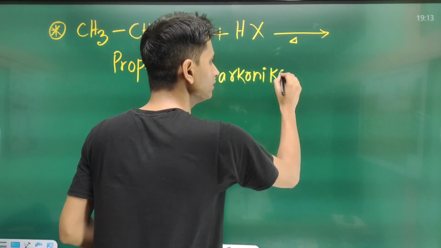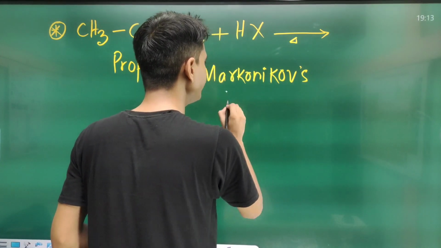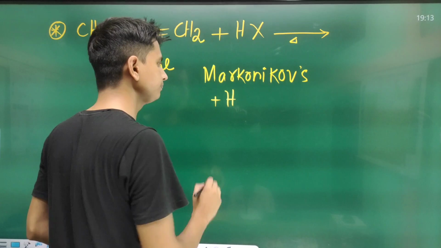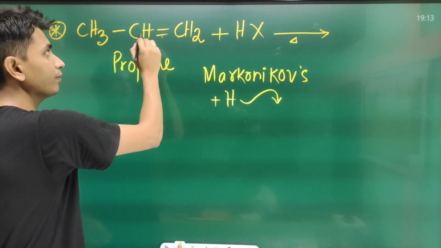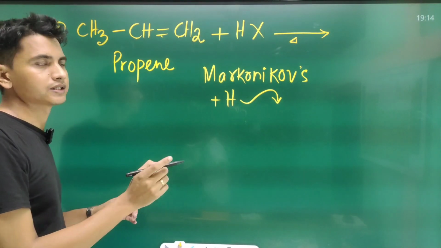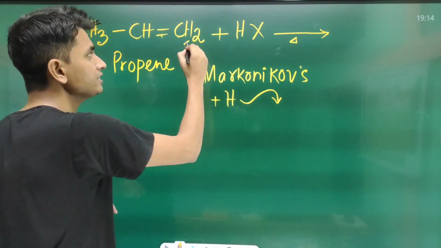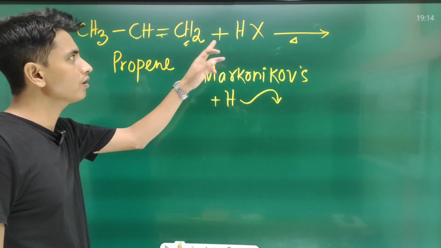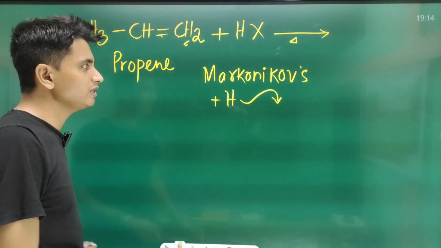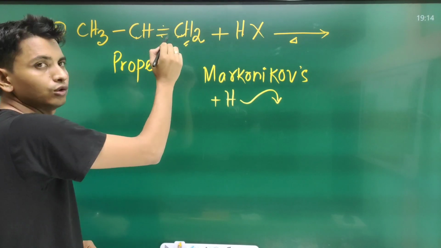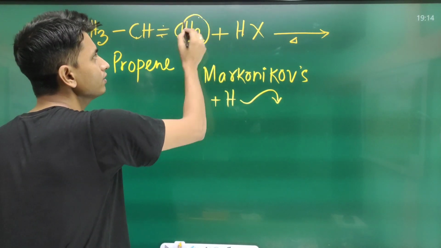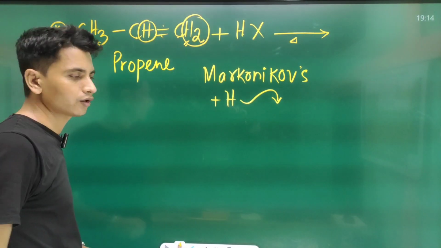Markovnikov's rule means the positive part of the reagent, that is H, is introduced at that carbon atom of the double bond which has the highest number of hydrogens. That means the positive part of the reagent goes to the carbon of the double bond bearing the highest number of hydrogen atoms.